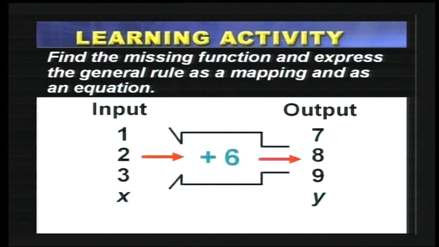The equation that you can have in terms of x and y is y equals x plus 6. That's how you can write your equation, and then you substitute your numbers into the equation and you come up with your result for letter y.